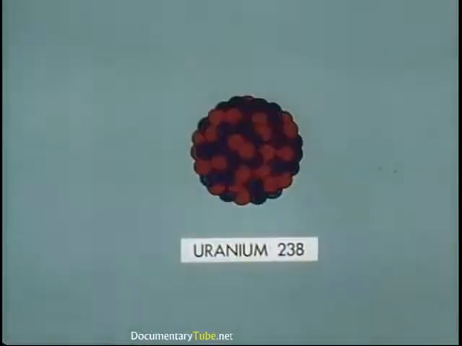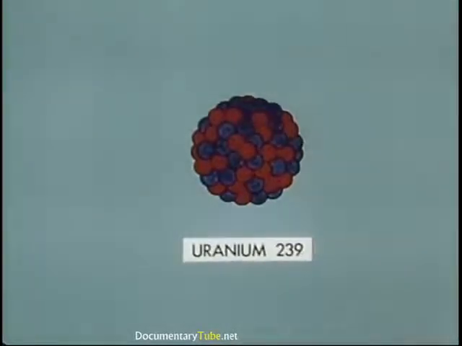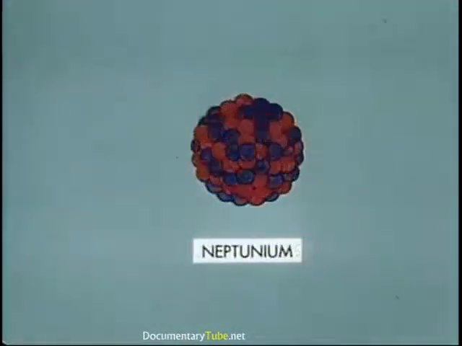And scientists have gone up the ladder above uranium, creating new elements by hitting the nucleus with a neutron. If the neutron sticks, the atomic weight goes to 239, a new artificial uranium isotope. But the nucleus reacts by getting rid of a negatively charged beta particle, thus raising the positive charge of the nucleus by 1 and becoming a new element with the atomic number 93 and called neptunium.